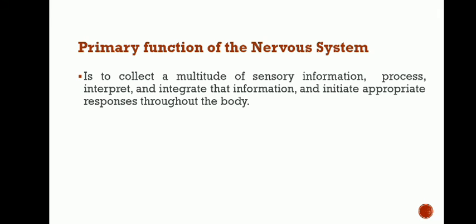The primary function of the nervous system is to collect a multitude of sensory information, process, interpret and integrate that information, and initiate appropriate responses throughout the body.